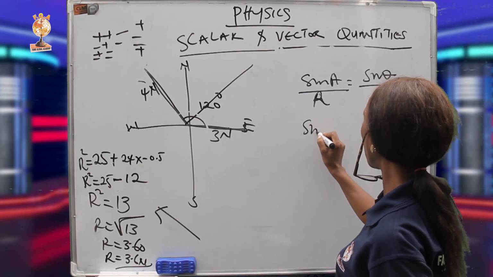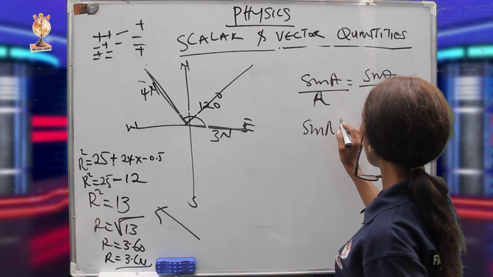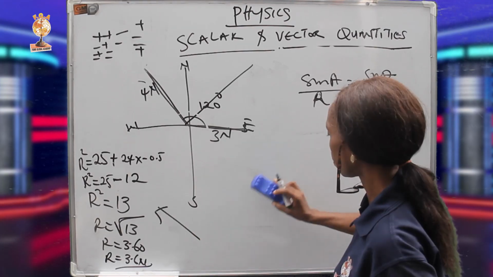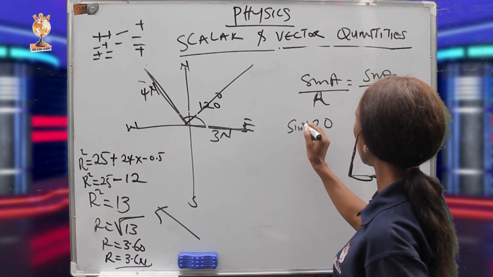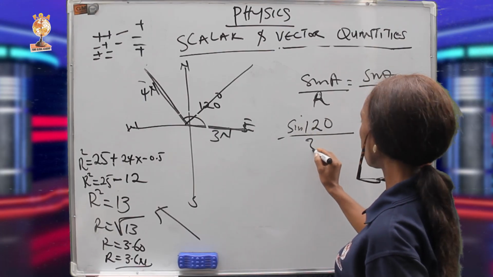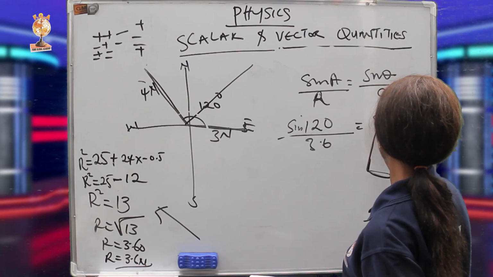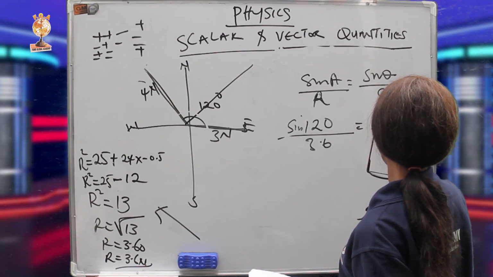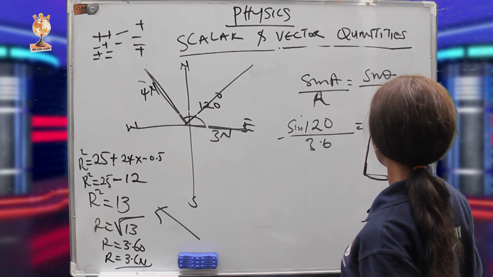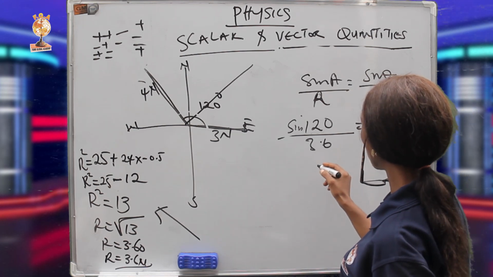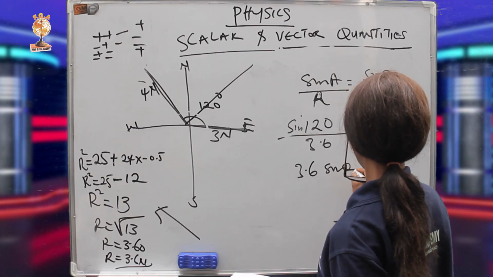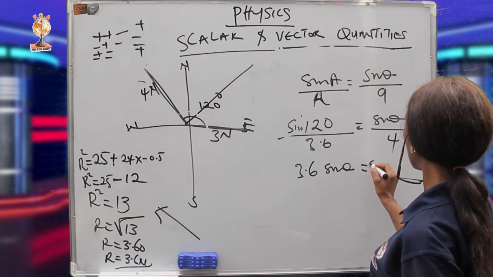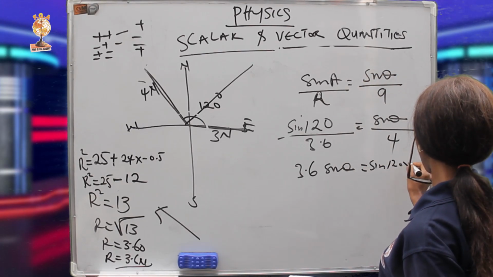So I have sine A, sine 120, all over R, which is 3.6, equals sine theta all over 4. A is 4. If I cross multiply, I have 3.6 sine theta equals sine 120 times 4.